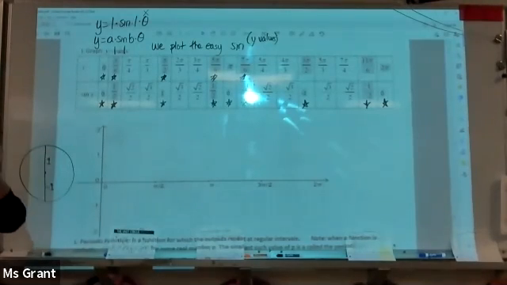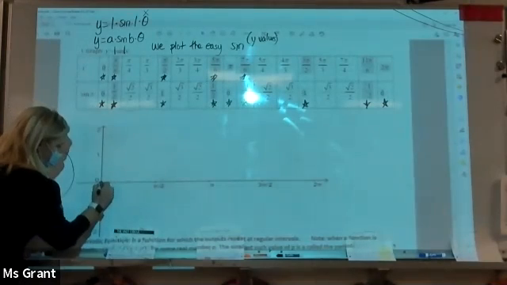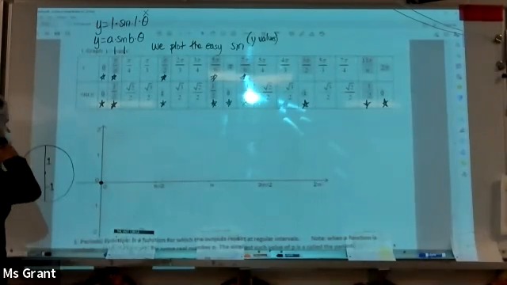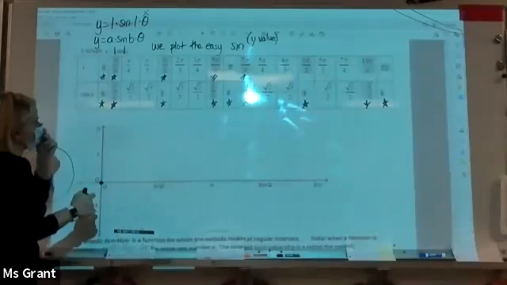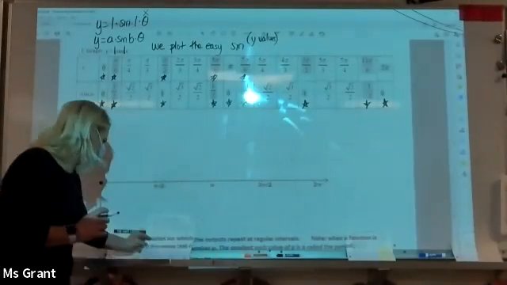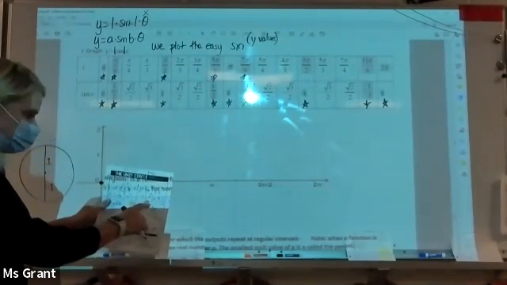So let's plot these points. 0, 0 is where the sine curve starts. So I'll plot 0, 0. Then I've got pi/6, 1/2. Well, pi/6, you guys, is 30 degrees, isn't it?